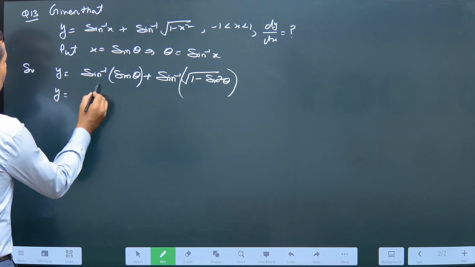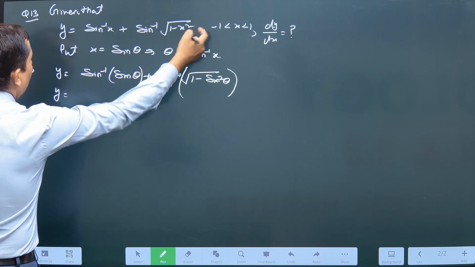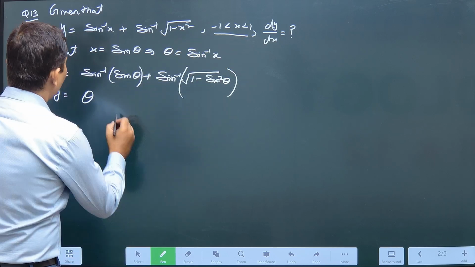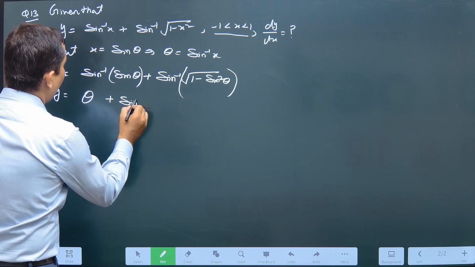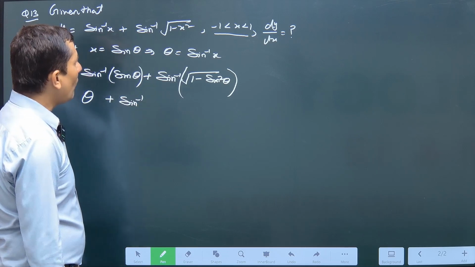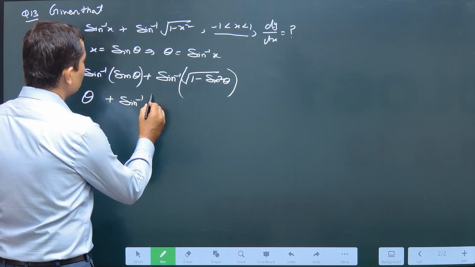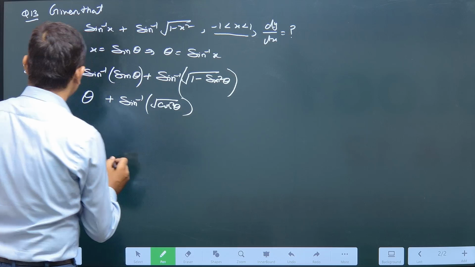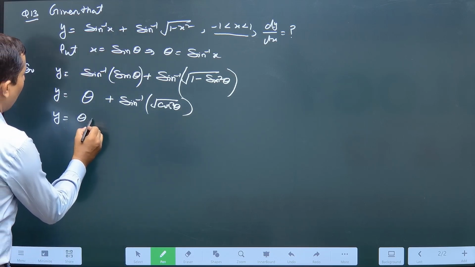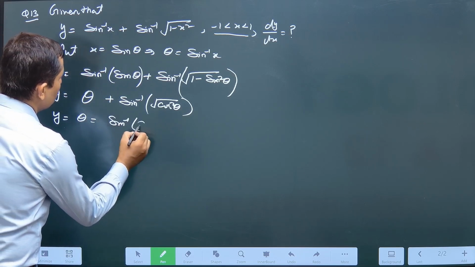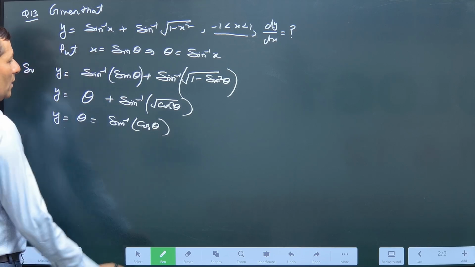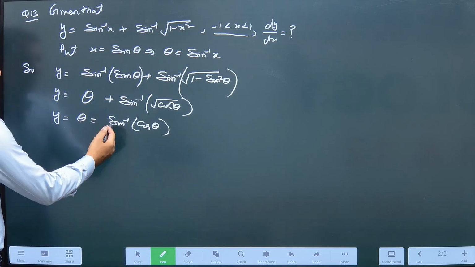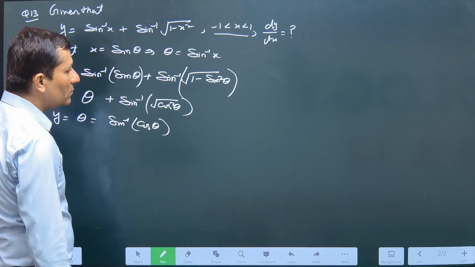Then your y is equal to theta according to this, plus sin inverse root cos square theta. It comes outside root. Clear? It is not possible to cancel.